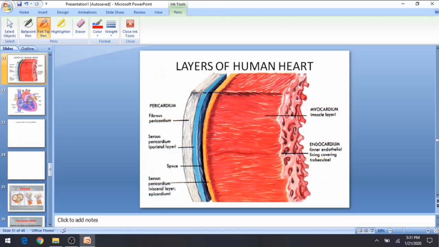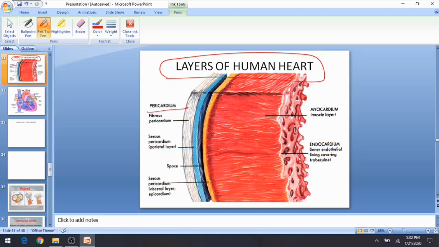Next slide is layers of the human heart. The human heart is thick walled and generally composed of three layers.